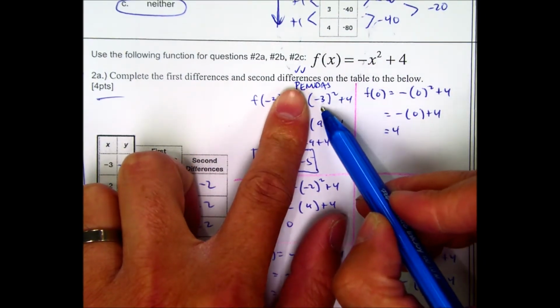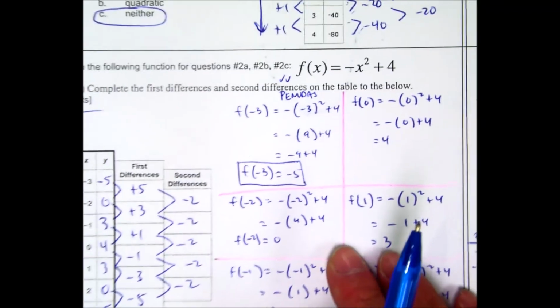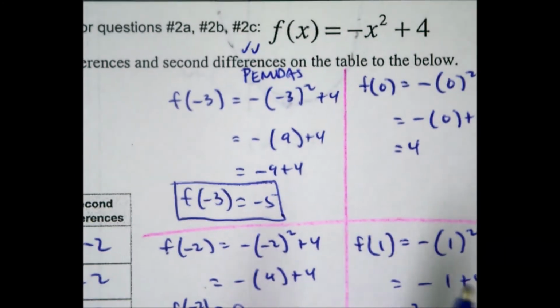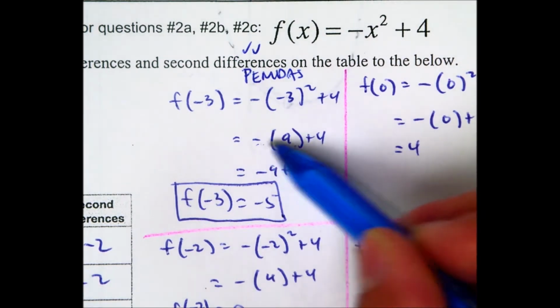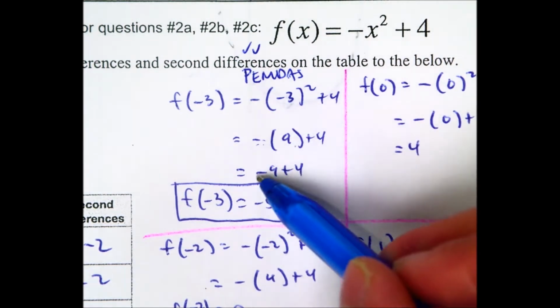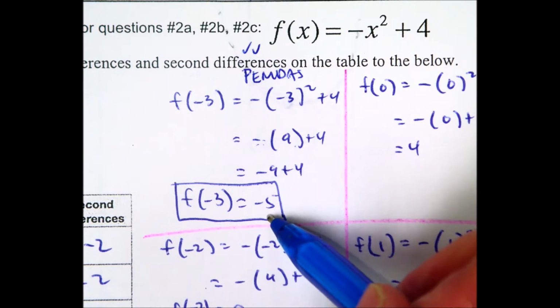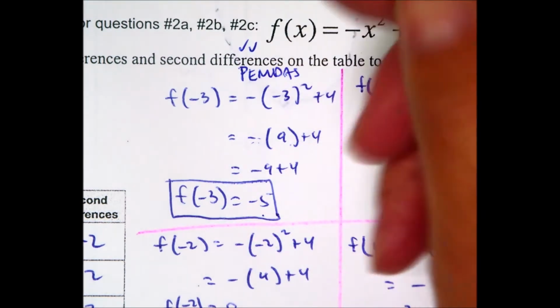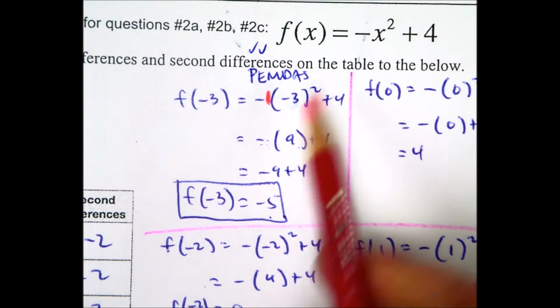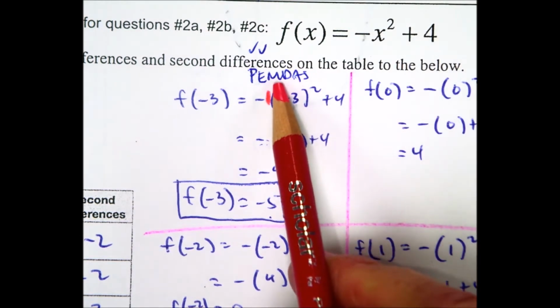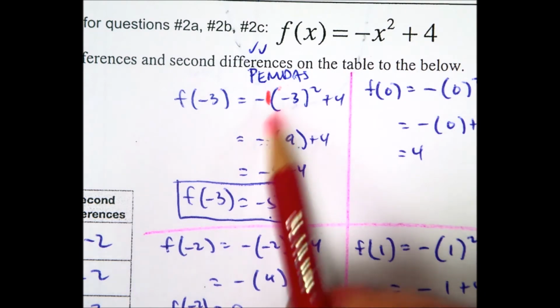This will read -3 squared, which gives you a +9. Then you do the opposite sign, which is -9. -9 plus 4 is -5. Another way of thinking of that is a -1 times this expression. You don't multiply first, you do exponents first, okay?